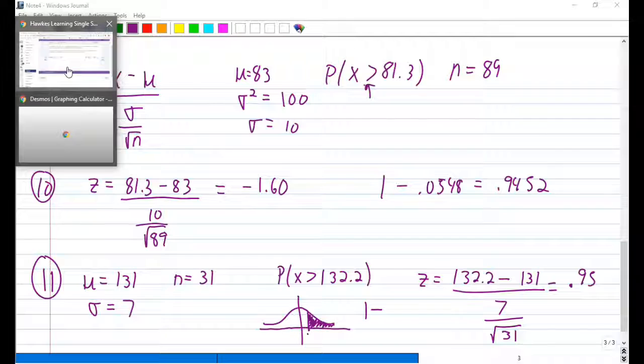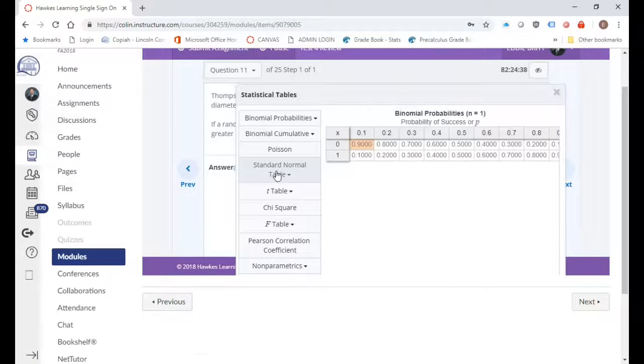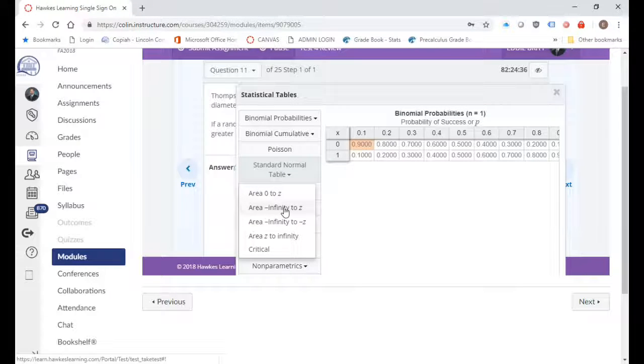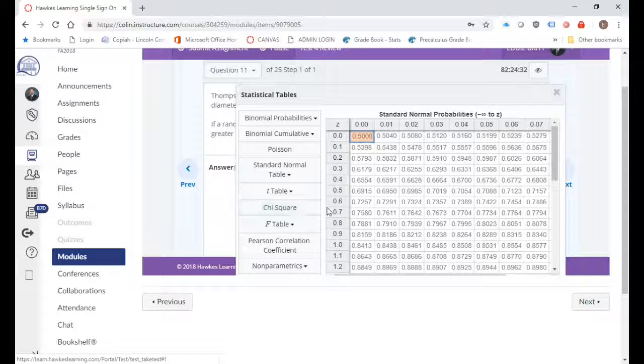So let's go to our table. Go to tables, standard normal, and now it's negative infinity to z. We want to look up 0.95. It was more than I thought. It's 0.8289. We're going to say 1 minus 0.8289.